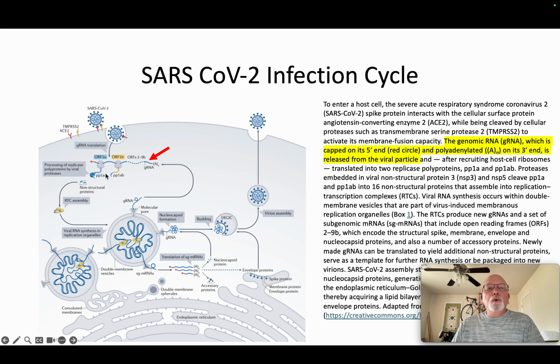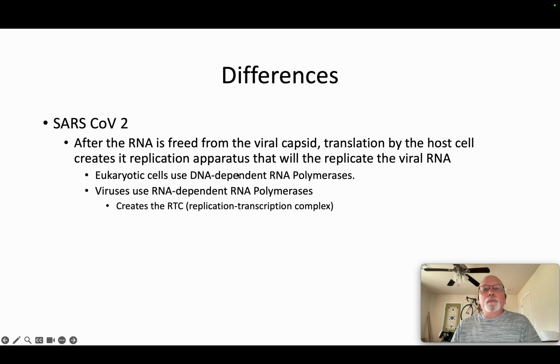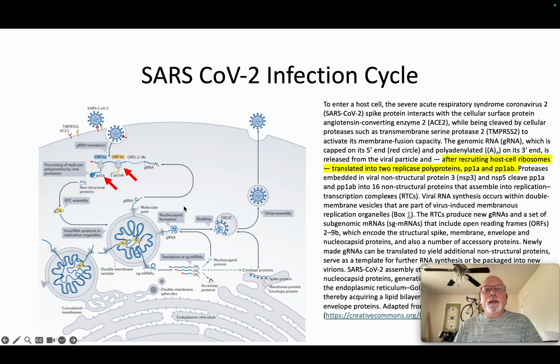These two proteins make up this thing here called the replication transcription complex. This is a set of proteins created by the ribosomes of the eukaryotic cell. So this is eukaryotic cell ribosomes that are basically translating portions of the viral RNA to create these two proteins that go into making this replication transcription complex.